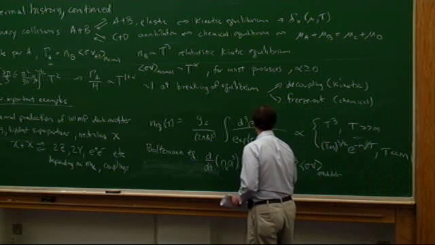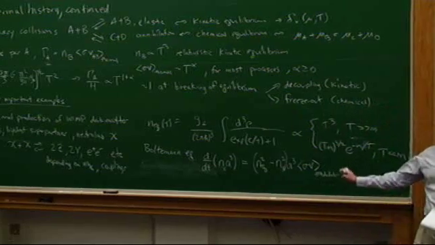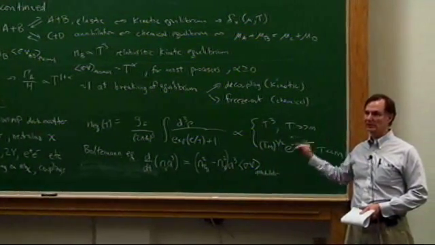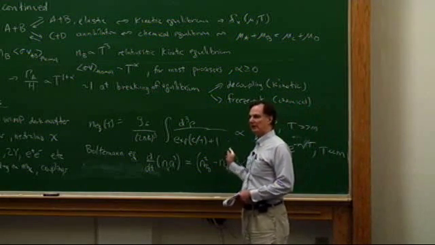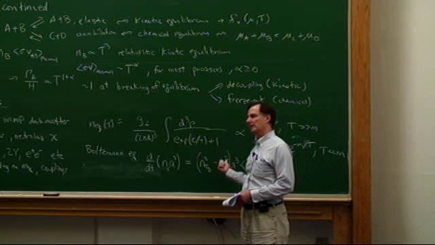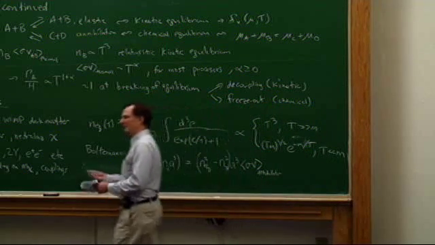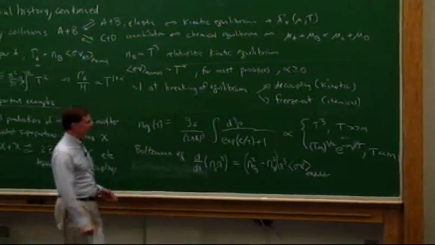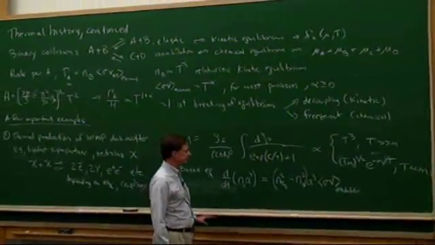So this is kind of a phenomenological approach to writing down the equation the binary collisions must obey without having to look in detail at every single process for every different momentum state. So this is kind of a detailed balance argument being applied to the chemical production and destruction of my species.